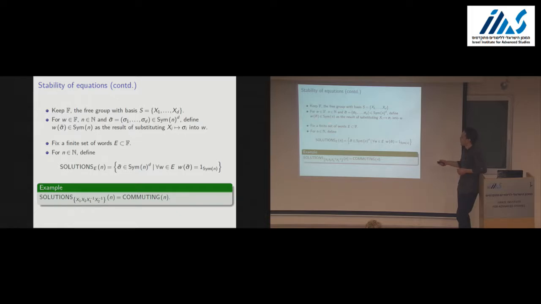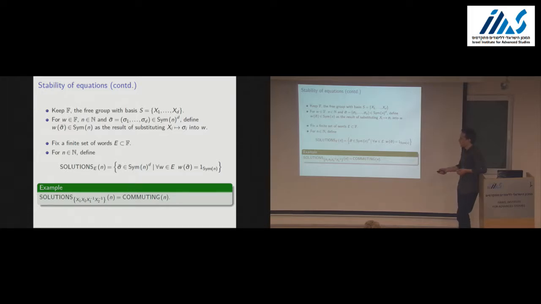This is what I denote like this. And then if I have a finite set of words E, then I have a space of solutions, which are just the tuples which, when you substitute them into the words of this set E, give you the identity.